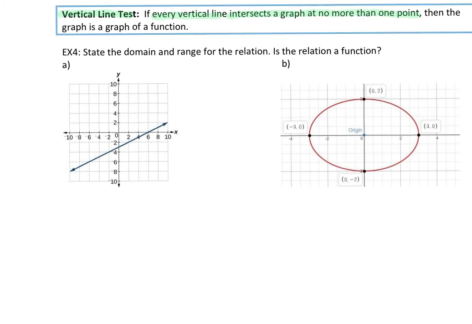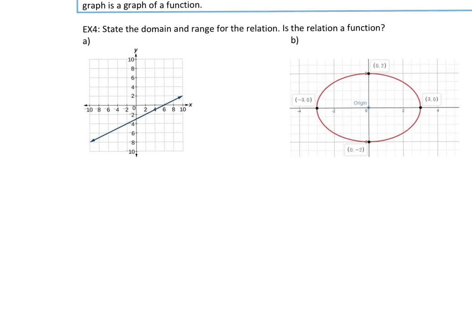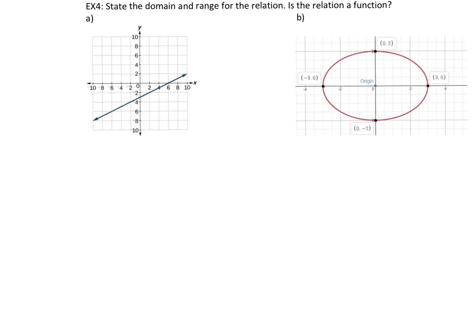Let's look at example A. We want to state the domain and range for the relation, and then determine if the relation is a function. This is where we can use the graph to find the domain and range. That's going to be a little bit tricky. Remember, the domain is going to be your x values. Now let me think about this.